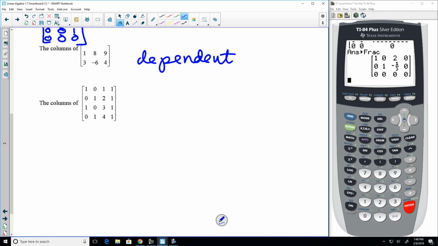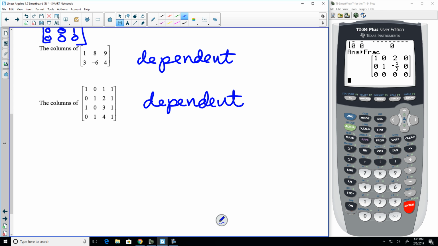What about this guy? How do I know it's dependent? This is a hard one, but I can tell by looking.